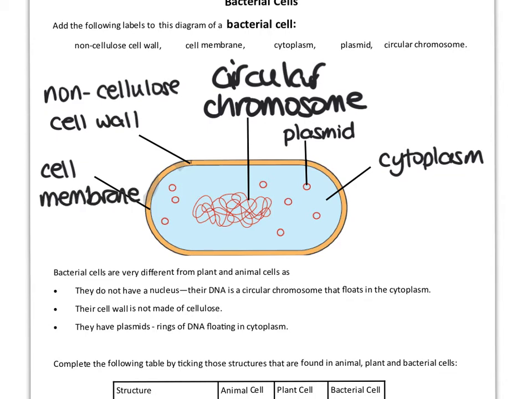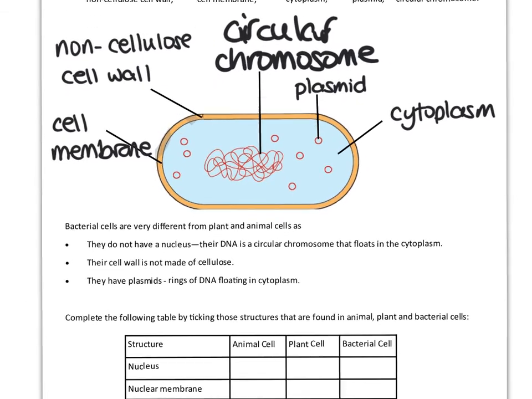So it's missing the nucleus, and it's missing things that plant cells have. It's missing chloroplast, and it's missing the vacuole. Another thing that plant and animal cells both have that it's missing, they're tiny. Rachel? Mitochondria, yeah. So this is a relatively simpler cell. It doesn't have the nuclear membrane, it doesn't have any mitochondria, and it's got a different cell wall.